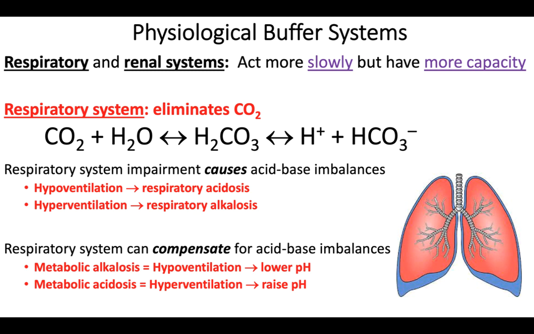So those would be metabolic causes. So if we have metabolic alkalosis, that means we have a high pH, not because of the respiratory system, but because of some other condition. The respiratory system can correct this by hypoventilating.